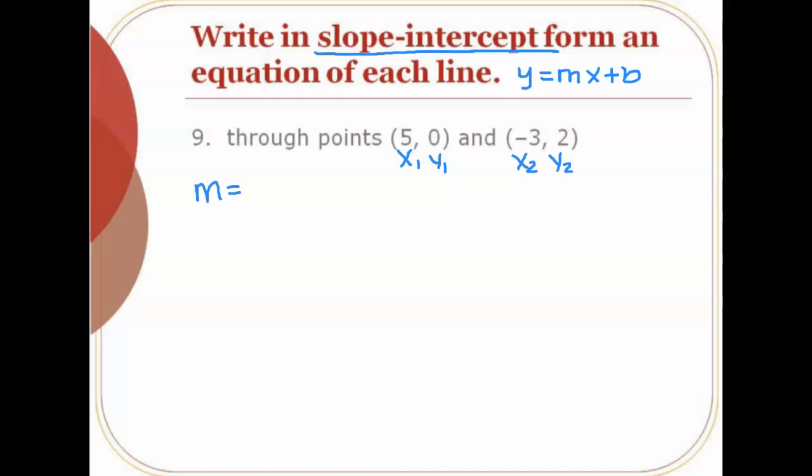So you get 2 minus 0 over negative 3 minus 5, or 2 over negative 8, which you can reduce to negative 1/4. Either is fine. If you leave it here, that's fine. If you simplify, that's fine.